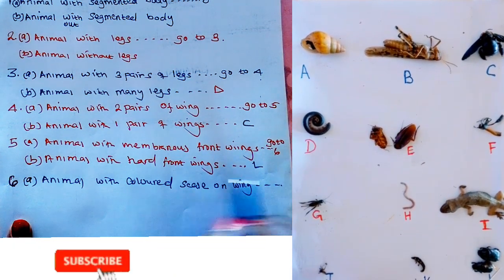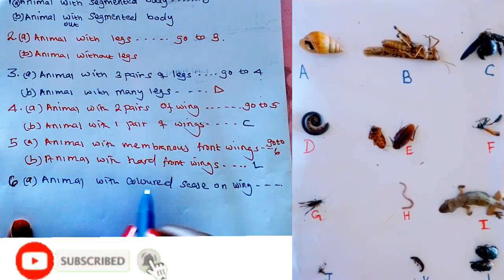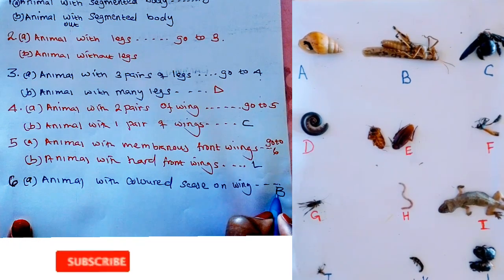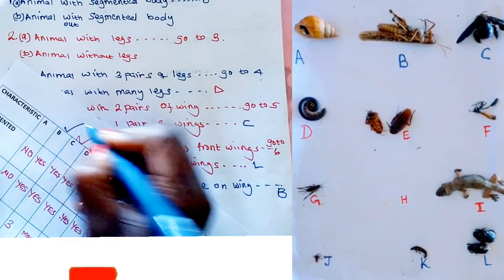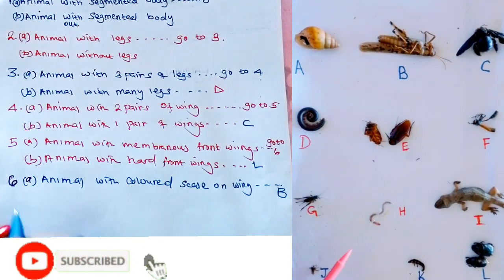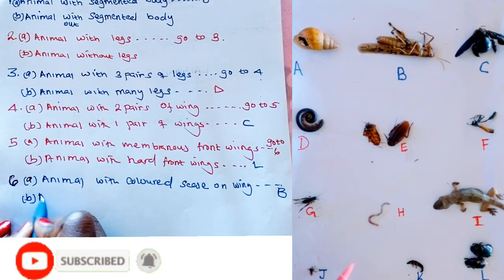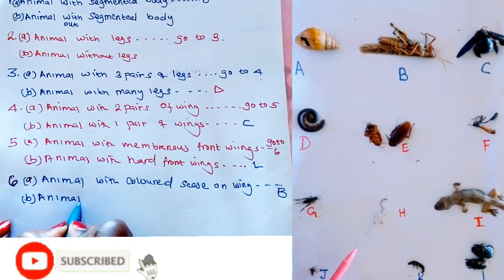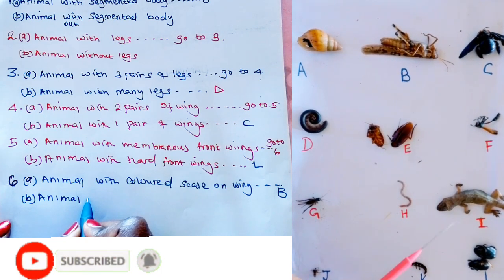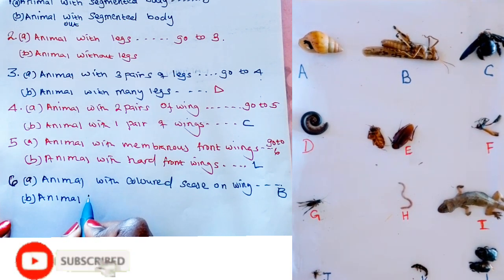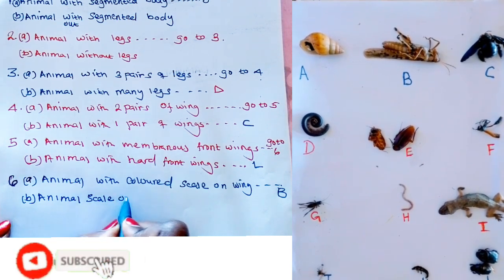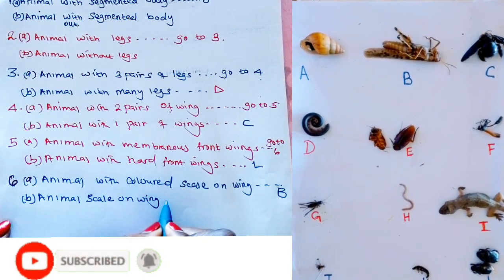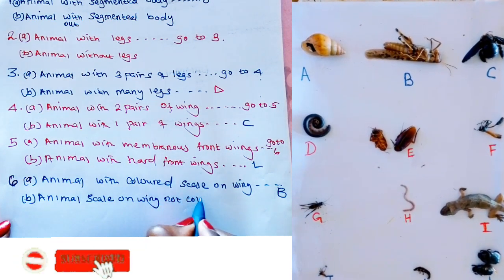Okay, so we take our table. Then we go to animals with scales on the wings not colored.